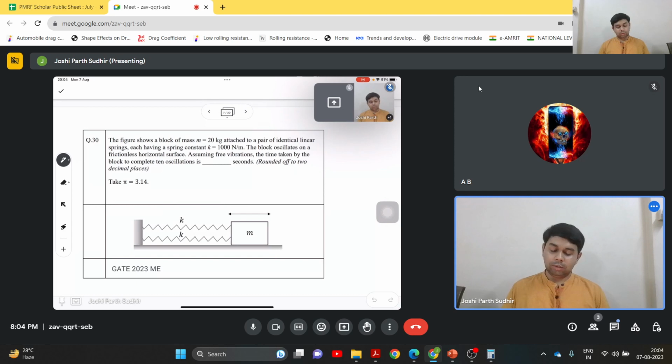So in this question we have a simple spring mass system. It shows that this mass is attached to two different springs and the spring constant is given, and it is also given that the horizontal surface is frictionless. It has been asked what is the time taken by the block to complete 10 oscillations.